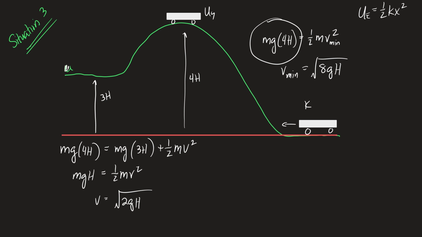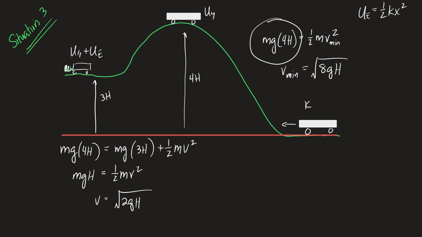Maximum compression is going to occur when the car comes to rest against the spring. If the car's not at rest, then it's either still compressing the spring or it's moving away from the spring. So maximum compression is going to be when the car stops. So there's no kinetic energy. There's still gravitational potential energy because we're still 3h above the reference level. But now we also have elastic potential energy.